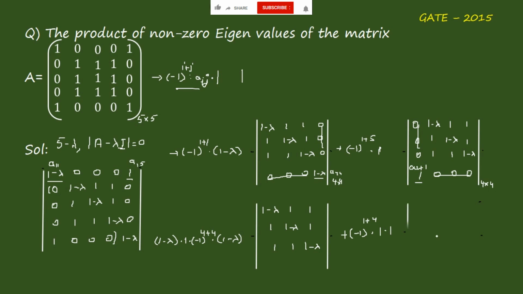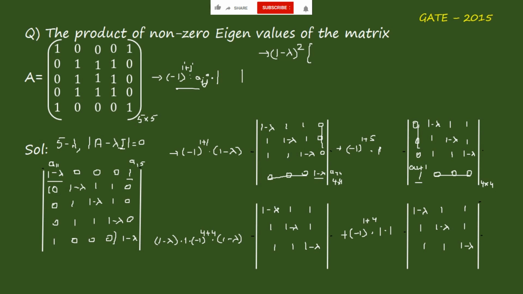Again draw a straight line. So it becomes 1 minus lambda 1 1, and this is 1 1 minus lambda and 1, and this is 1 1 1 minus lambda, right? So from here we got, I'm writing on top, 1 minus lambda whole square into this particular matrix.